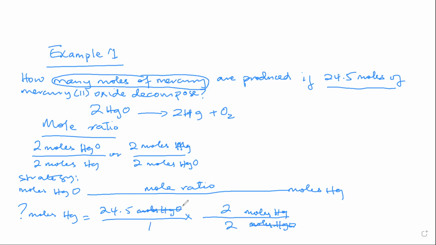This will cross out. This will divide itself, so this will be 24.5 moles of mercury. You see, it looks like a 1:1 proportion problem. So that's the first example.